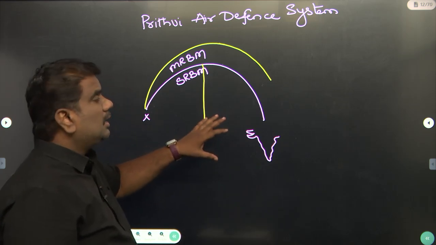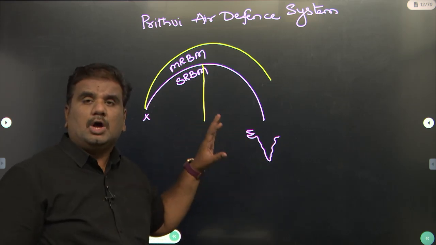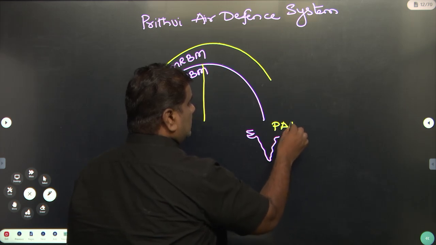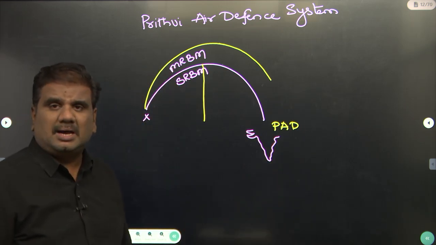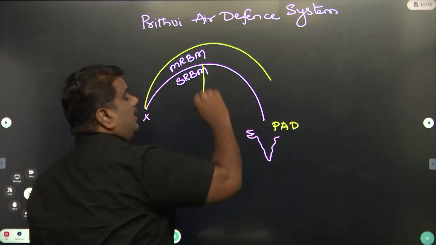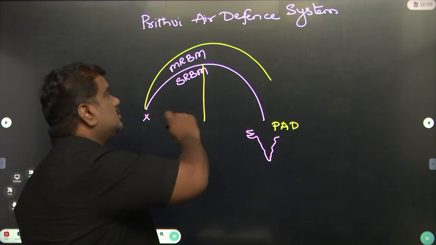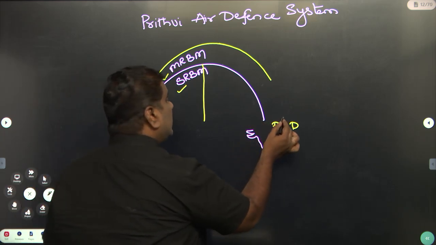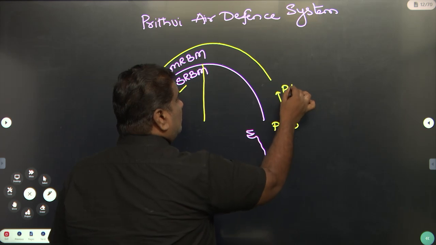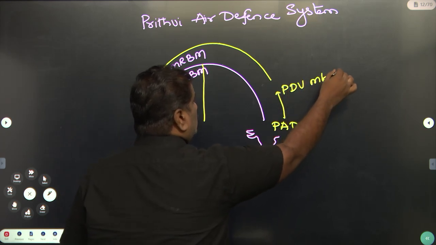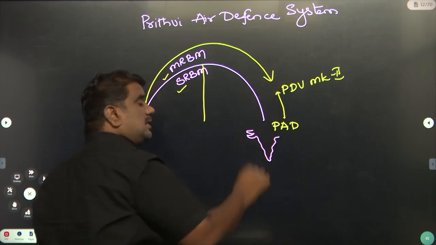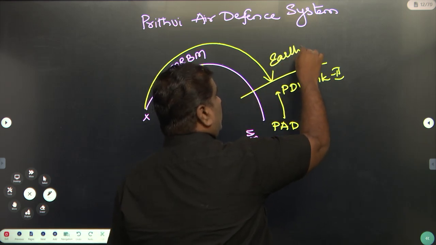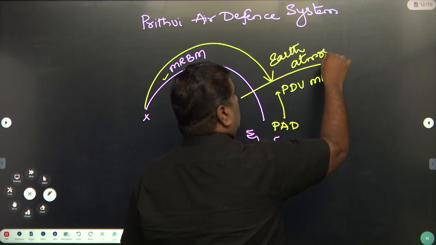So what will this ballistic missile interceptor do? This Prithvi Air Defense System, or the Pradyumna ballistic missile interceptor, will locate, identify, and trace this incoming SRBM or MRBM, and it will immediately launch the Prithvi Defense Vehicle Mark II, and this incoming missile will be destroyed beyond the Earth's atmosphere.